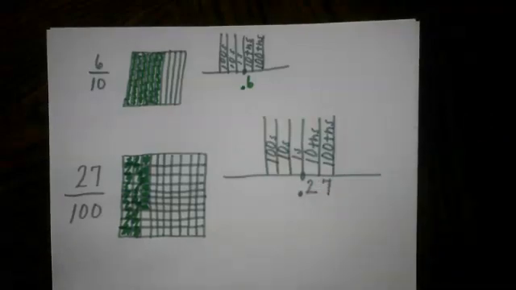Okay, the next one I'm going to do without a picture to go with it. All right, let's get a brighter color too. Okay, so this next one I am going to do 3 tenths. Now in my head, I'm picturing one whole divided into 10 equal parts and shading in 3 of them.